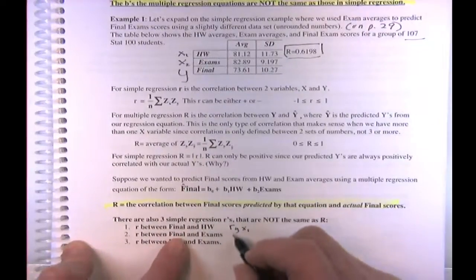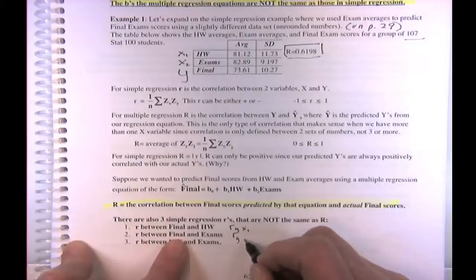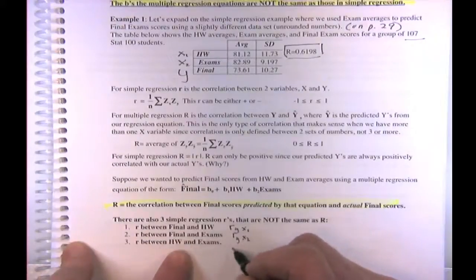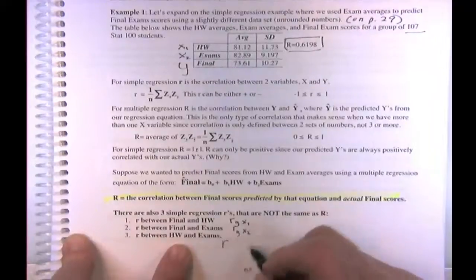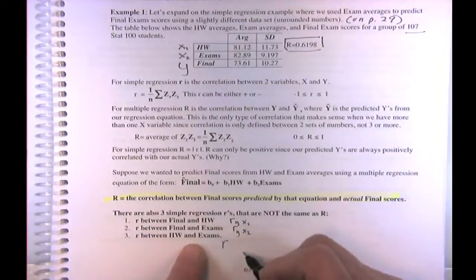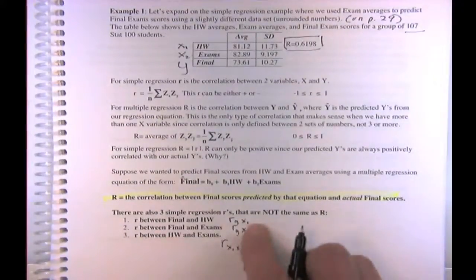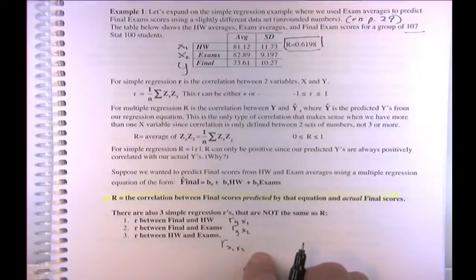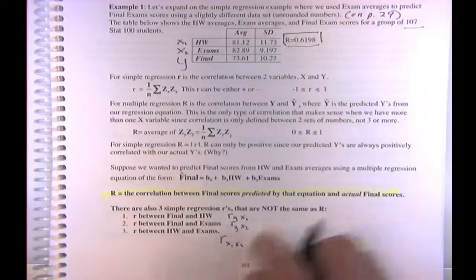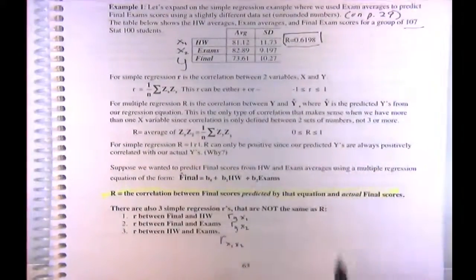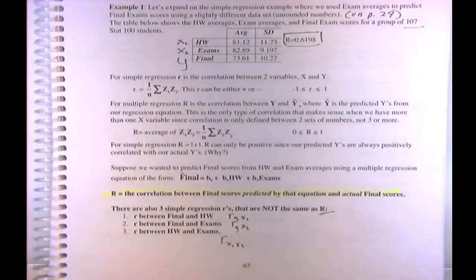This is r between y, the final, and the other x predictor. And then the last one is what? It's r between what? What do you think? x1 and x2. So you have three simple regression r's that are not the same as this R. Okay?